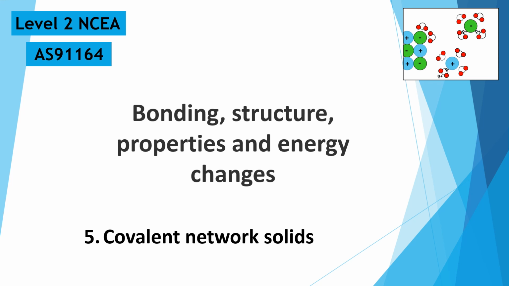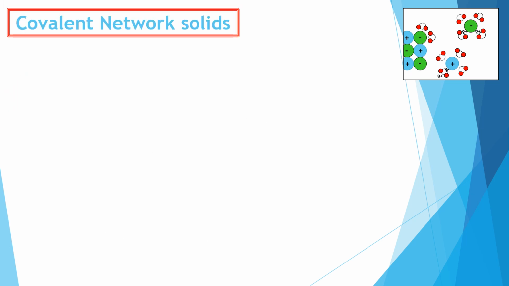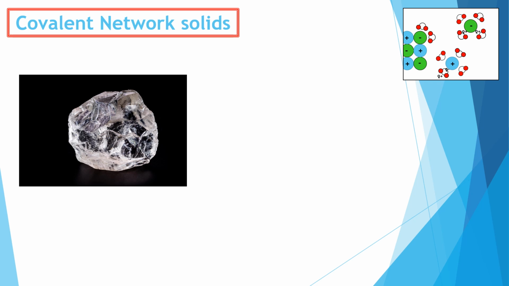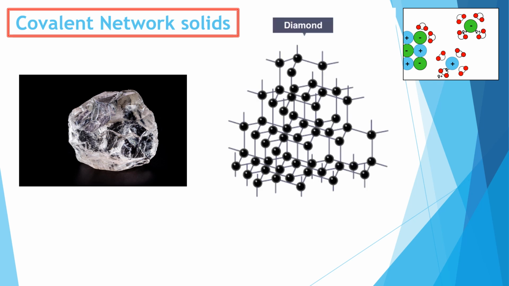So let's have a look at the first one here, which is diamond. Here's a picture of an uncut diamond, and here's a diagram of how the carbon atoms are bonded. If we find a carbon atom in the middle, it's bonded to 4 other carbon atoms in the molecule.